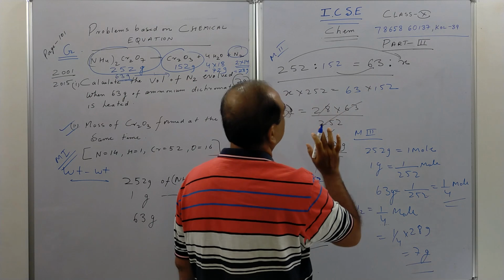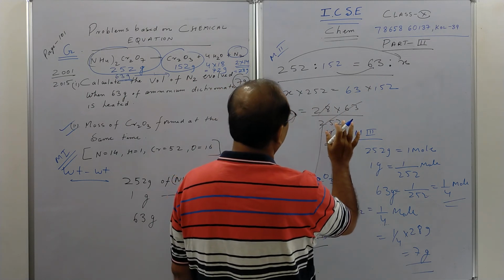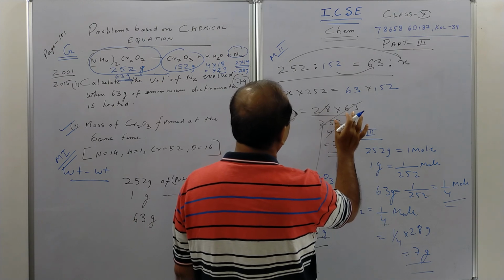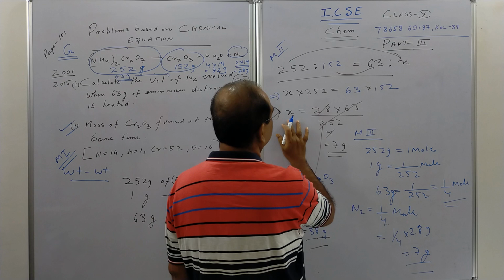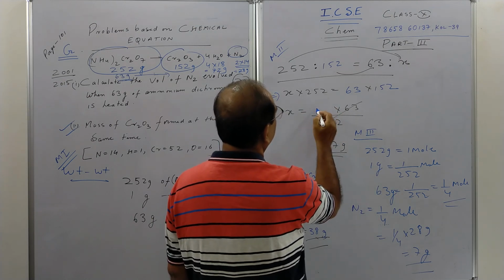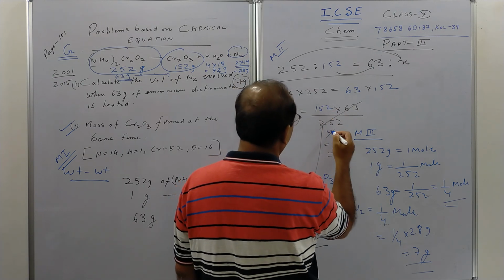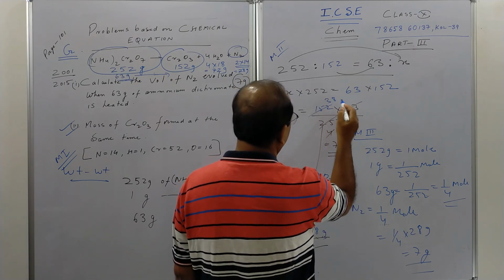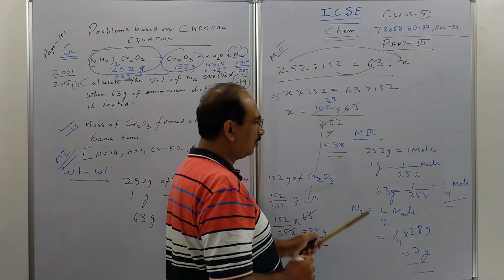Here in place of 28 nitrogen we have 152, so this is 4. If you cancel 4 with this, you get 38 gram.